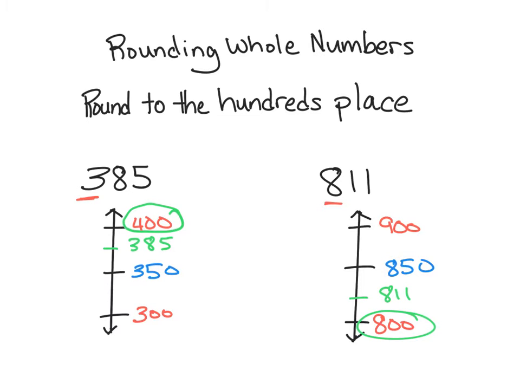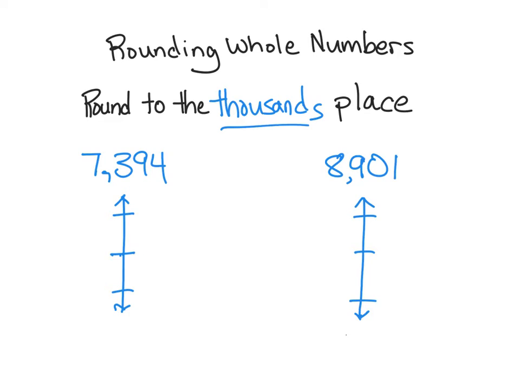Okay, so there's our answer for that one. It rounds to 800. In these next two, we are now going to round to the thousands place. So we have to understand in the first one, 7,394, that the 7 is in the thousands place. So our low number is going to be 7,000. Our high number is going to be 8,000.